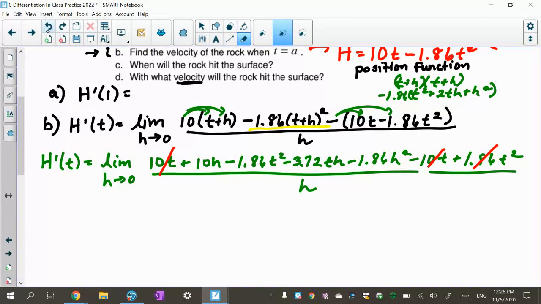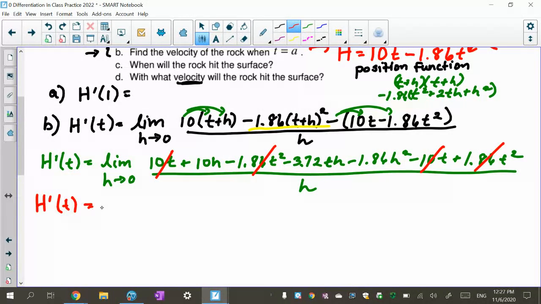Let's get rid of the cross-offs. See what I did? I went too fast. Okay, let's try this again. So I'm going to cross off the stuff that is canceled. This is canceled. I did the wrong thing. I'm so sorry. So I got h prime of t. Let's try this again. It is the limit. Now you know I'm human.